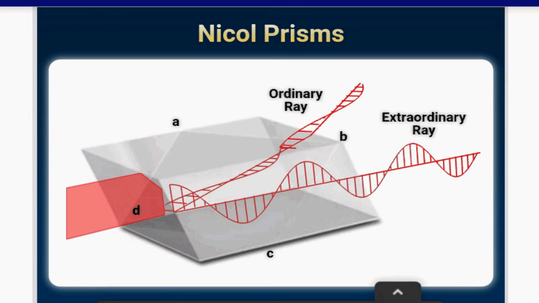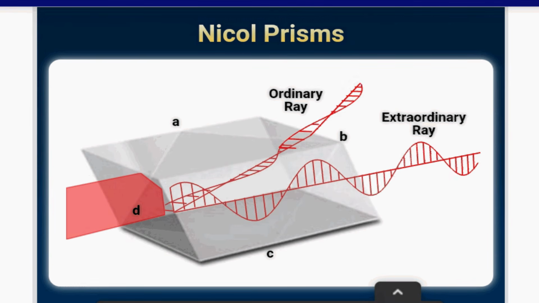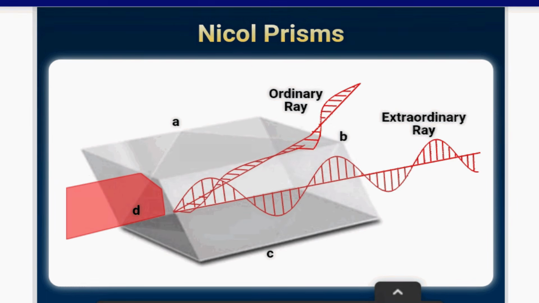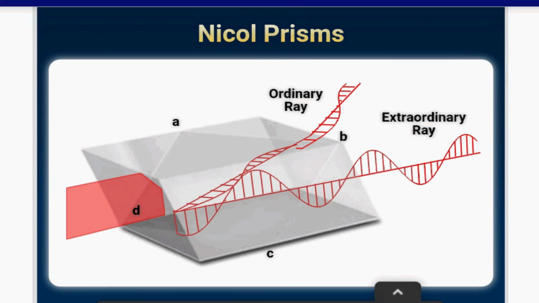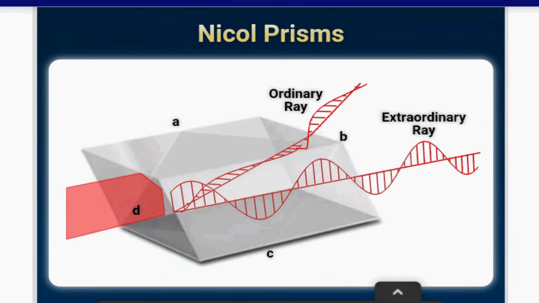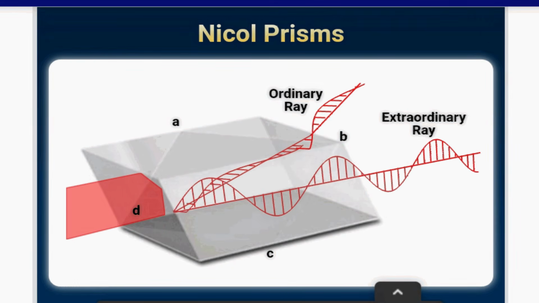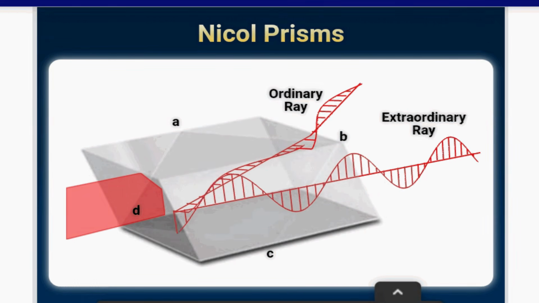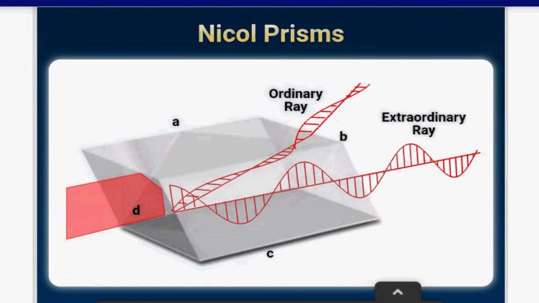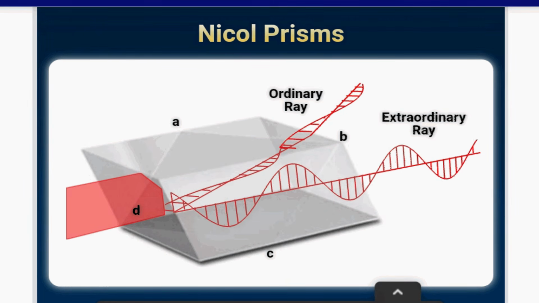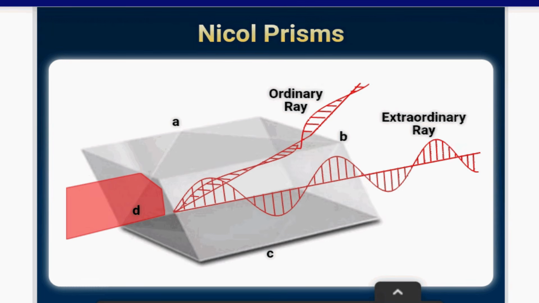The ordinary ray is reflected from the Nicol's prism and the extraordinary ray is transmitted through the Nicol's prism. The extraordinary ray is plane polarized light, which has no loss of intensity. The ordinary ray has a change in intensity.